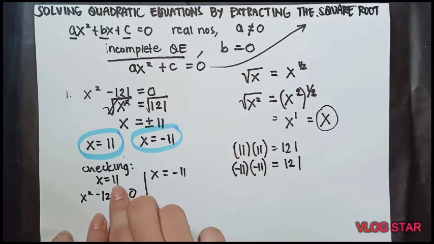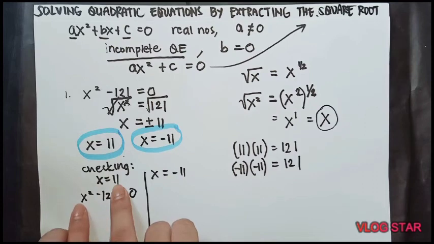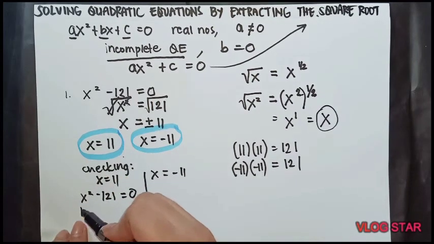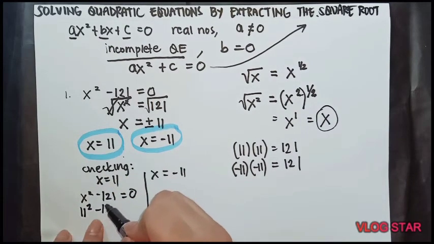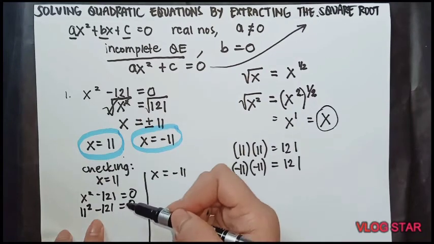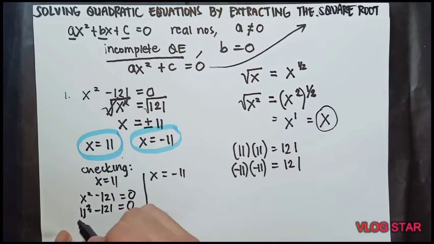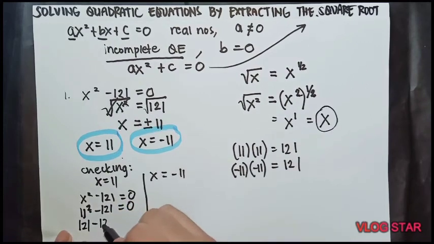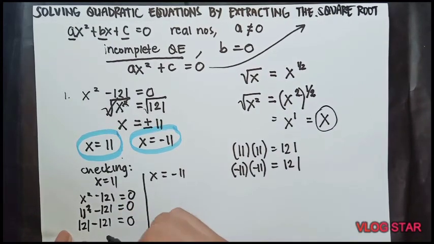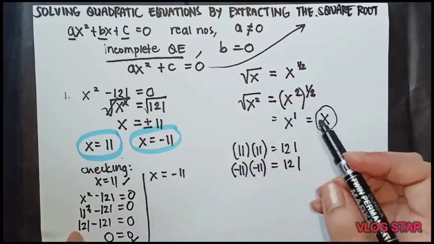And then we substitute 11 to x. So x will become 11, and we have 11 squared minus 121. Is it equal to 0? The square of 11, or 11 times 11, is 121. So we have 121 minus 121. Is it equal to 0? Yes. Therefore, the answer is correct.